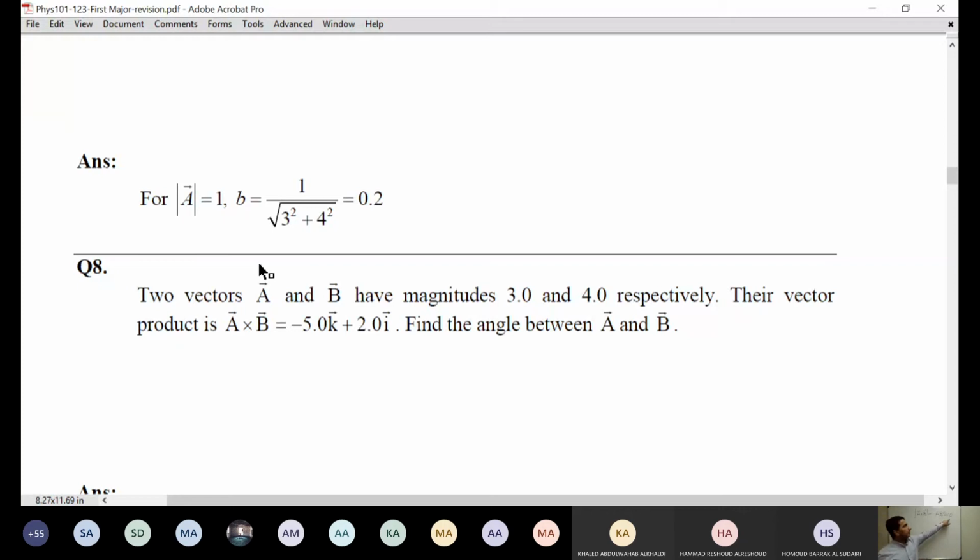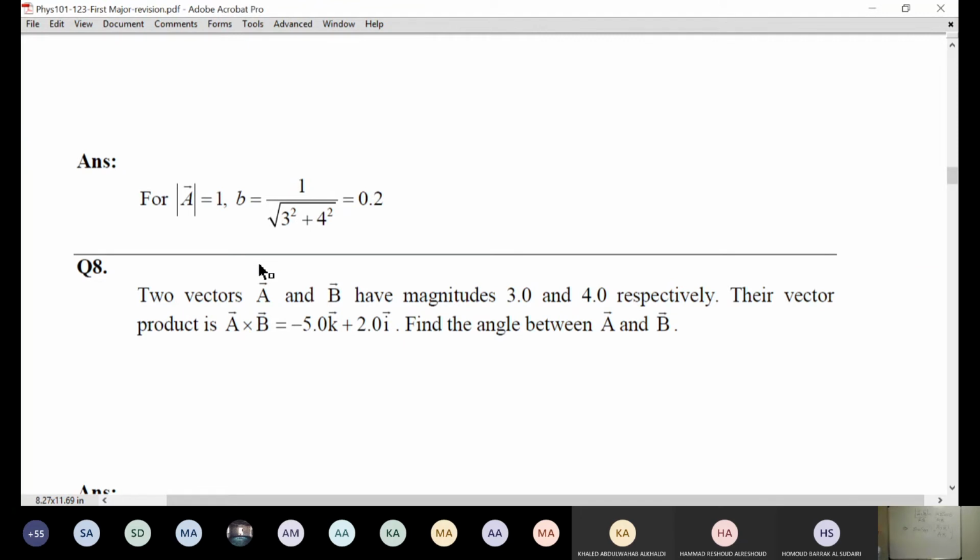Since the angle is what I need to determine, divide both sides by AB and take the inverse sine. So the angle is going to be inverse sine of the magnitude of A cross B divided by AB.